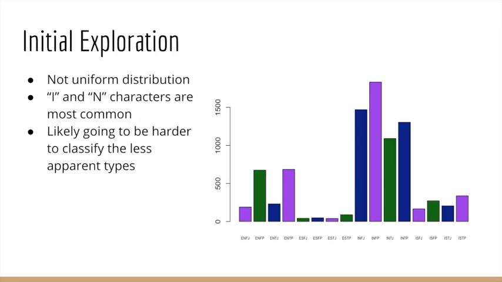Also the N personality type, which is the intuitive leaning, is a lot more prevalent. A lot of the ES and IS types are not heavily represented, so I'm guessing it's going to be really hard for my model to pin people into those categories, because if they're less represented in the training set, it's not going to tend to mark people correctly as that, but that's something we'll see later on.